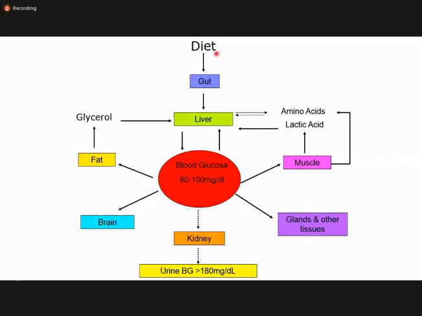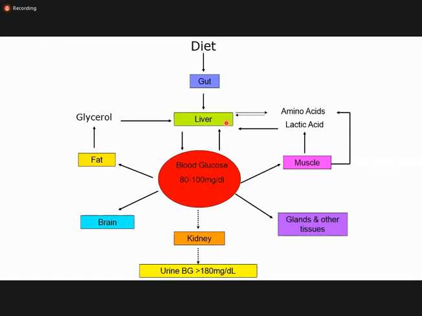We take a diet. After taking a diet, in the gut it is digested and absorbed. The polysaccharides are broken down into monosaccharides, and then they go into the liver through the hepatic portal vein. The excess of carbohydrates is stored in the liver as glycogen, whereas the other carbohydrates go into the periphery.